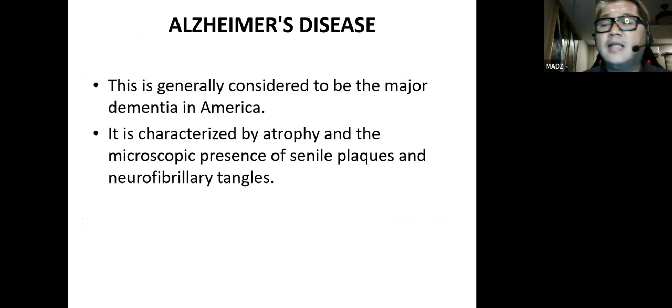So Alzheimer's disease is one of the most common causes of dementia. It is generally considered to be a major dementia in America. In fact, it is characterized by atrophy and the microscopic presence of senile plaques and neurofibrillary tangles.